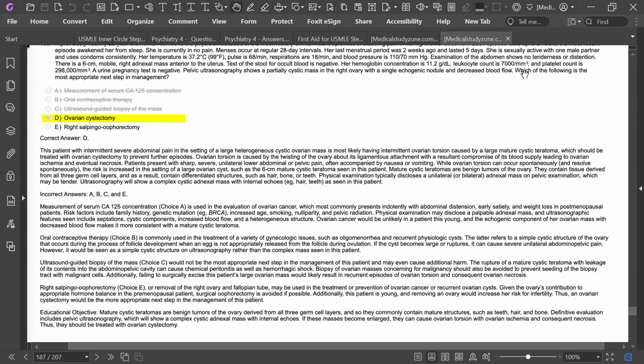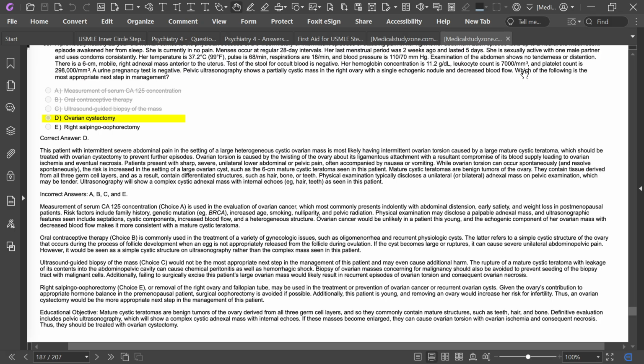OCP is commonly used in the treatment of a variety of gynecological issues such as oligomenorrhea and recurrent physiologic cysts. The latter refers to a simple cystic structure of the ovary that occurs during the process of follicle development when an egg is not appropriately released from the follicle during ovulation.